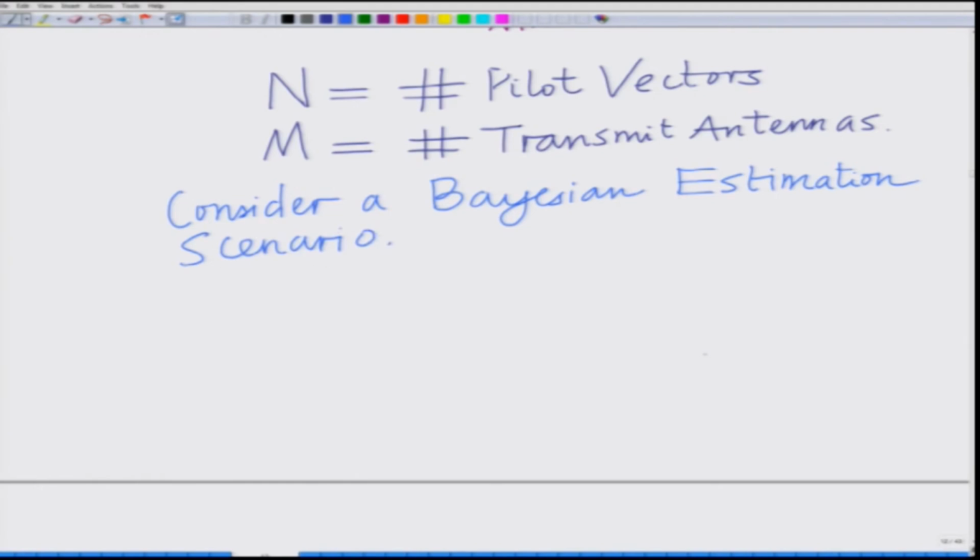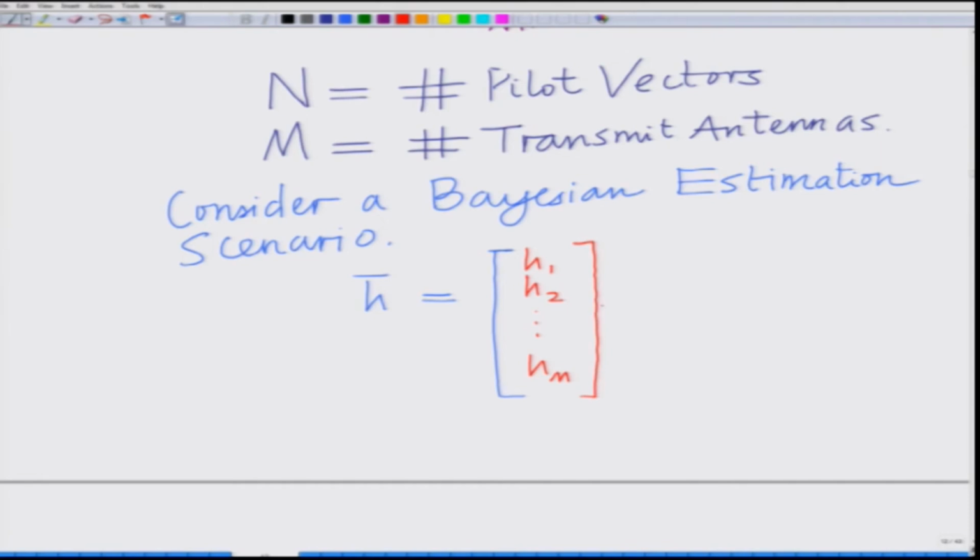In this case, we have a parameter vector h bar equals h1, h2 up to hM, where these are the M channel coefficients.